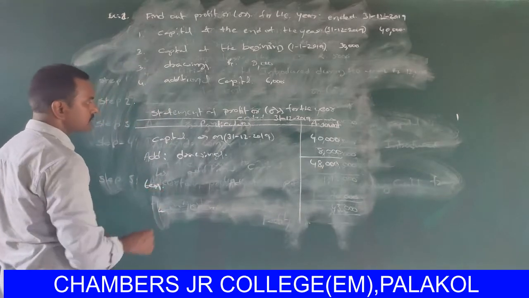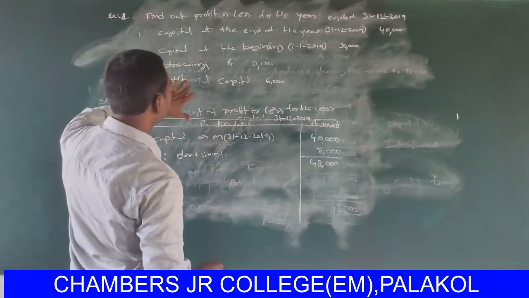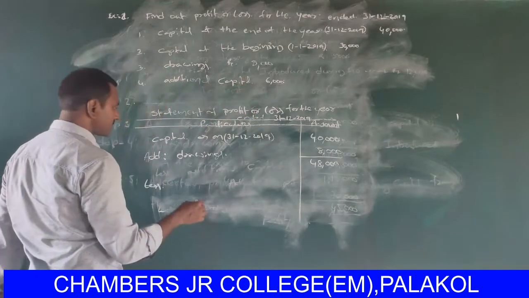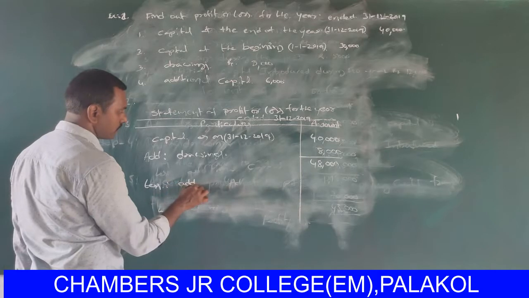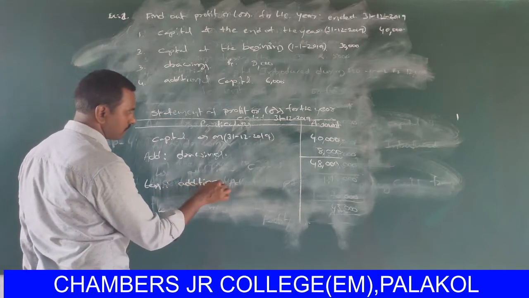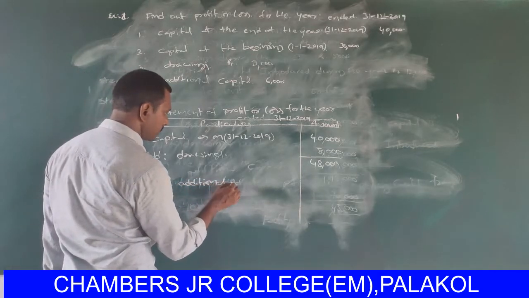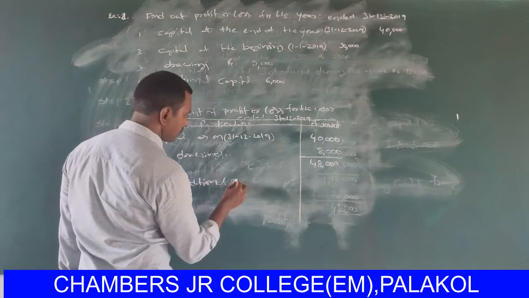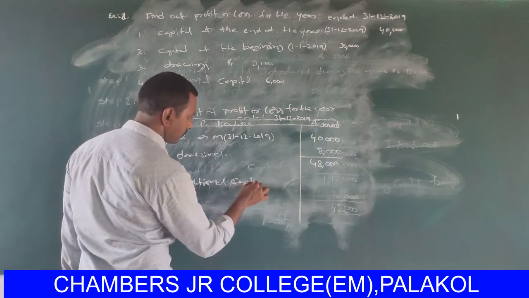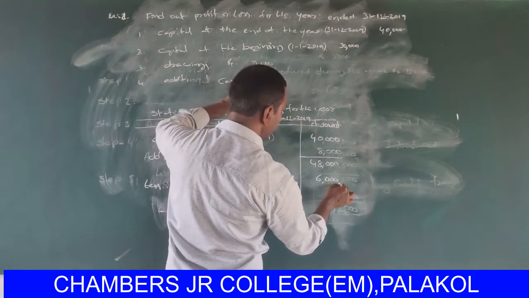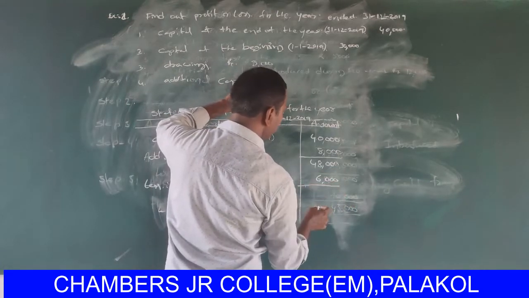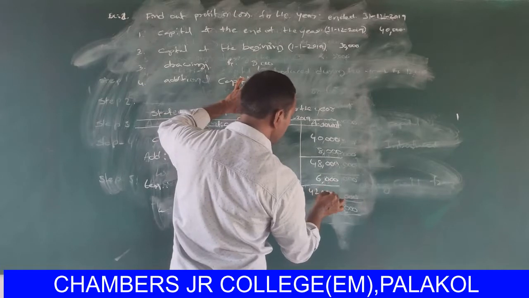Less additional capital. Here the additional capital amount is rupees 6,000. 48,000 minus 6,000 is 42,000.